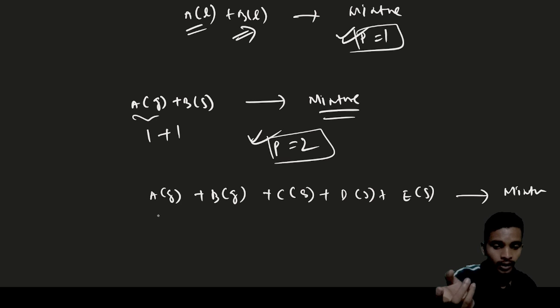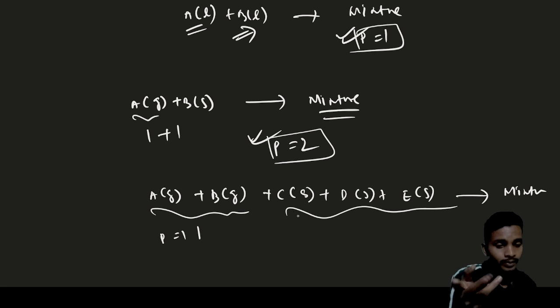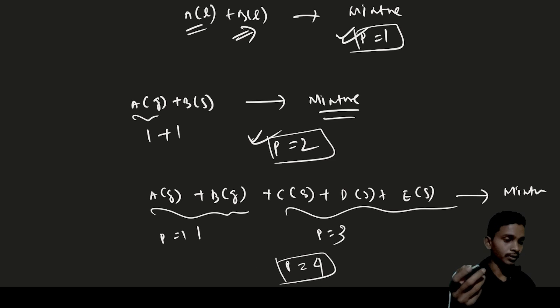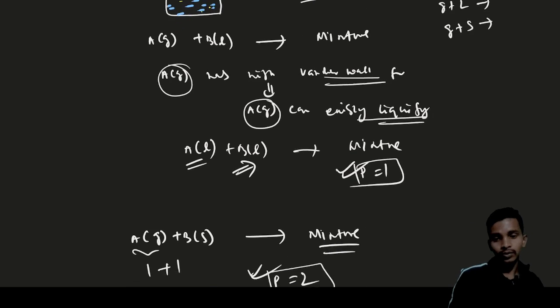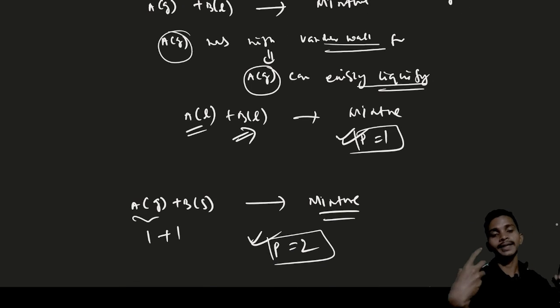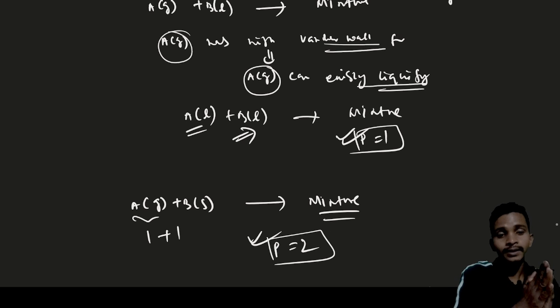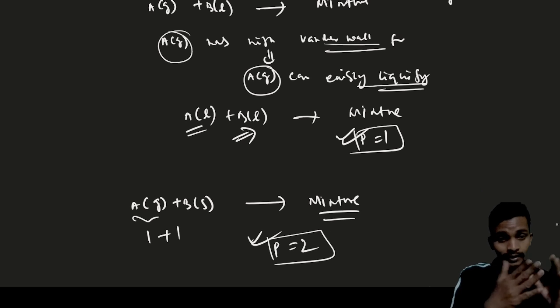Assume that all gases give pH 1, and the solids will give different pHs, so pH is 3, so total pH is 1. So we discussed that in different cases: if only solids are given, what is the pH?